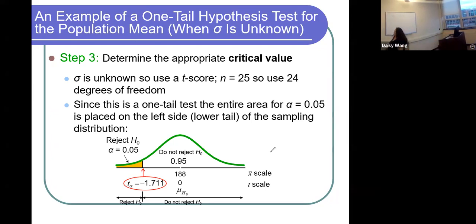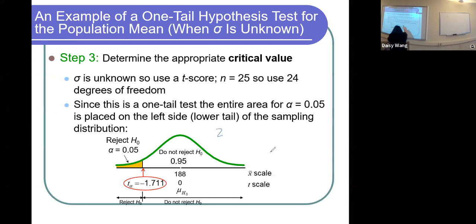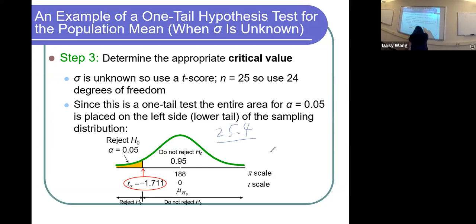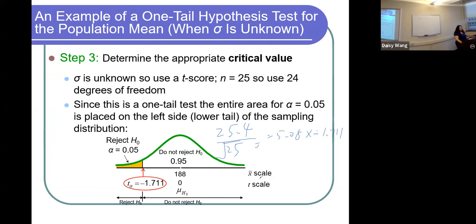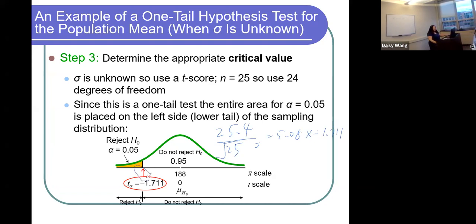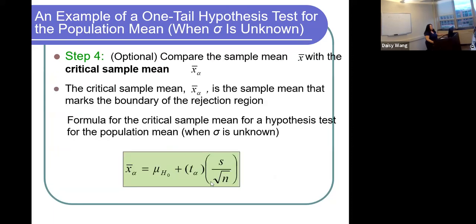The deviation, which is 5.44 divided by 5. That would be it.